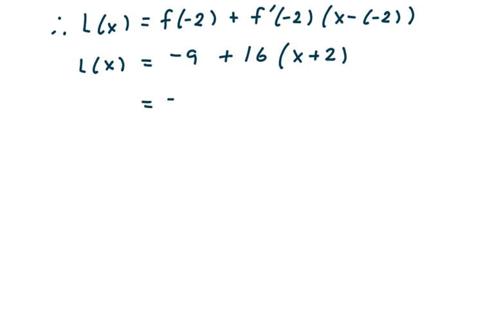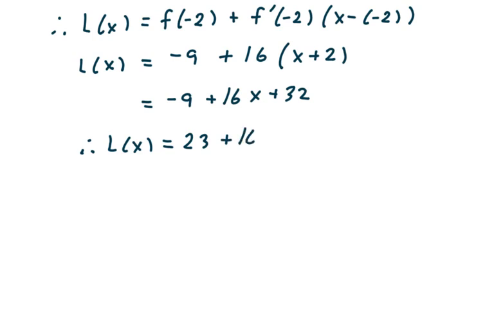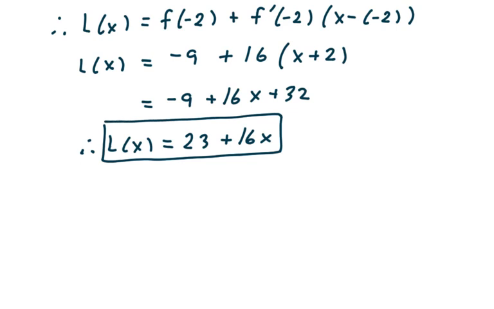And so this is equal to negative 9 plus 16x plus 32. And so therefore, L of x is equal to 23 plus 16x. And that's how we do problem number 1.